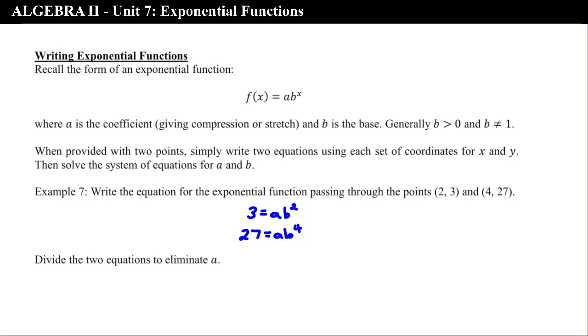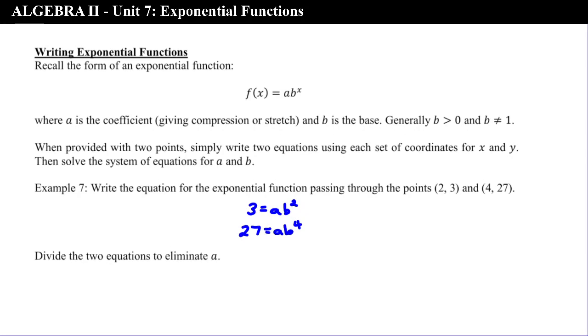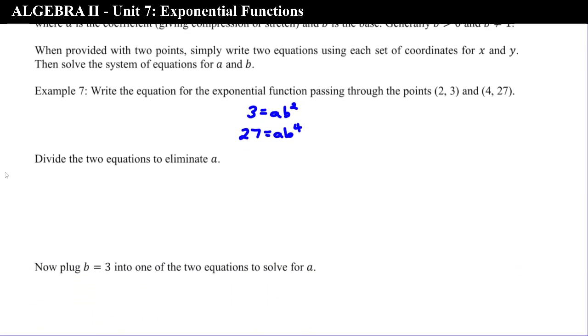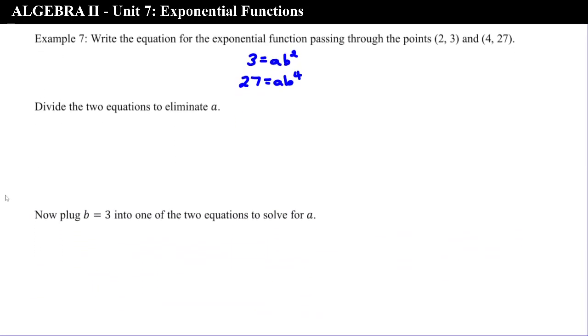Now, let's solve this system of equations. Well, it's not as far-fetched to solve as you would think. Let's divide each equation by each other. So we've got 27 equals a b to the fourth, and on the other side, from the other equation, we're going to divide by 3 and a b squared.